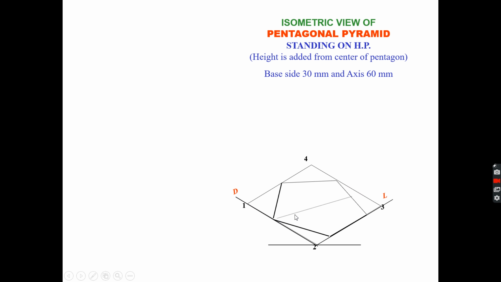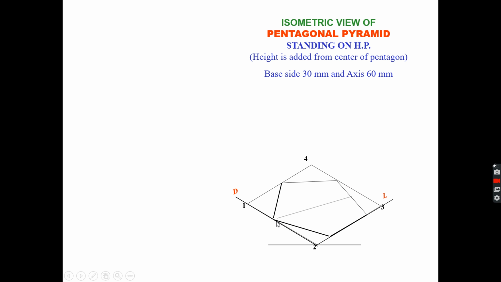When I was finding the center point of the pentagon, when we are doing the 2D drawing, this angle was 90 degree, and this point was the midpoint of that side.